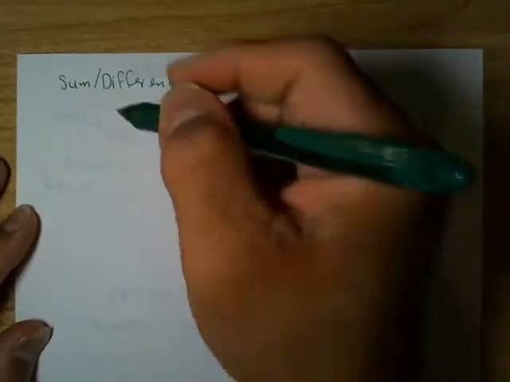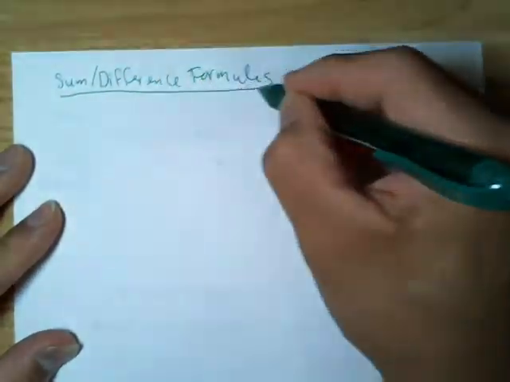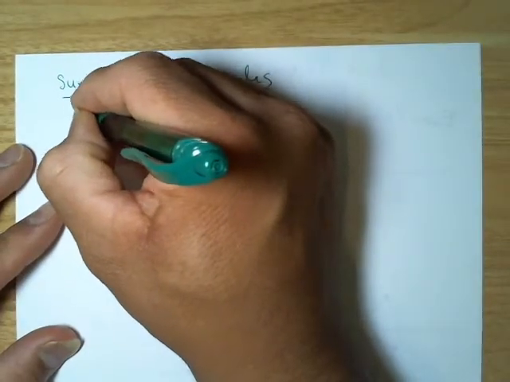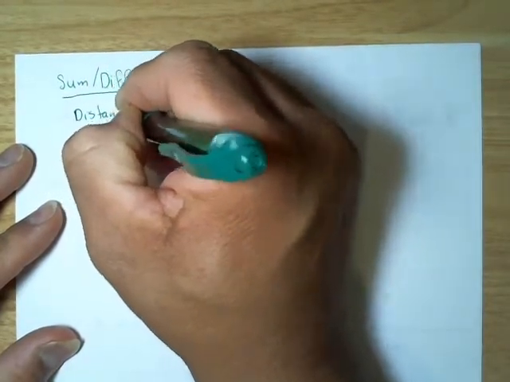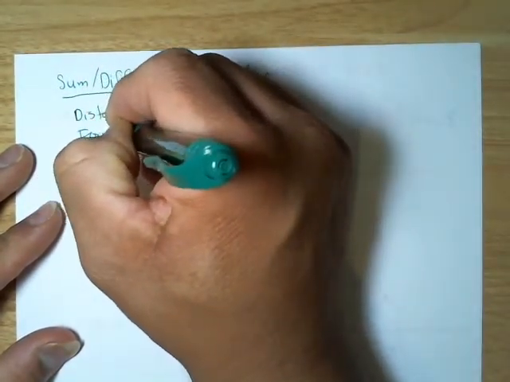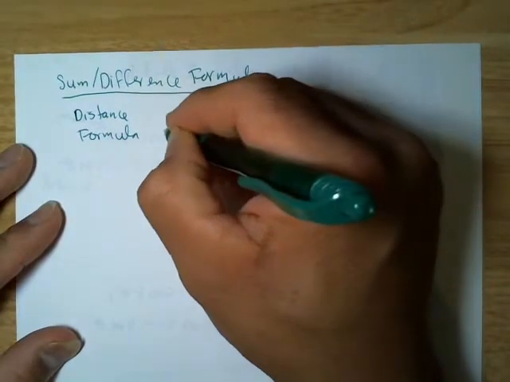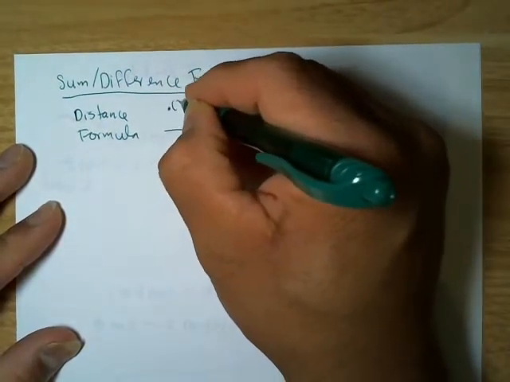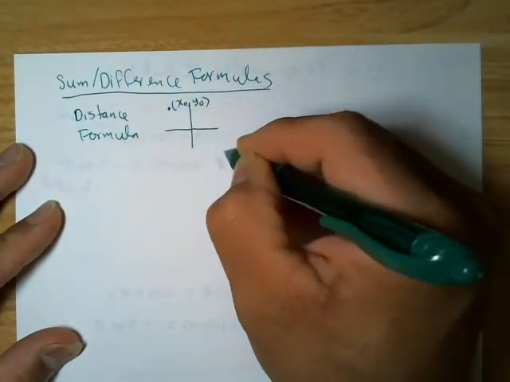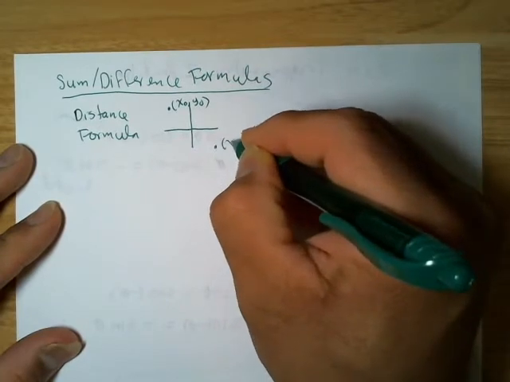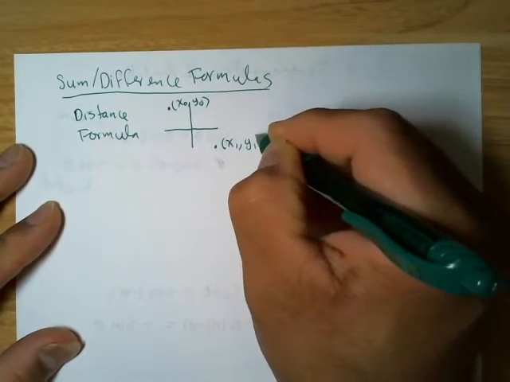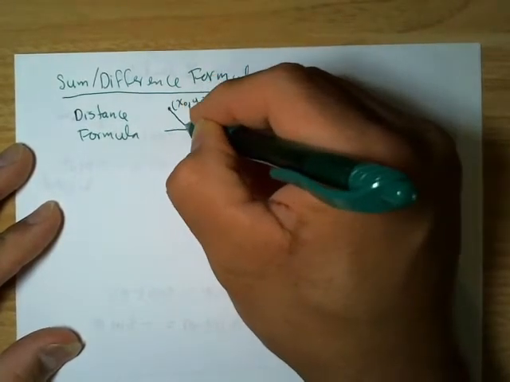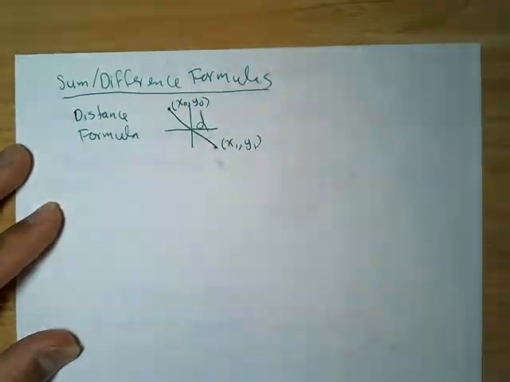So a couple of things we're going to need here is, first of all, the distance formula from algebra. If you wanted to have one point here and another point somewhere out here, we'd like to find the distance between them, d.